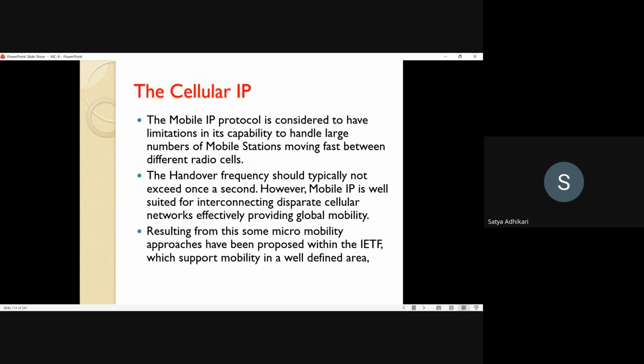So this is the mobile IP. We have learned mobile IP and the mobile IP structure in the previous classes. Now the working principle with a suitable diagram. Okay, so this is the working principle of mobile IP.